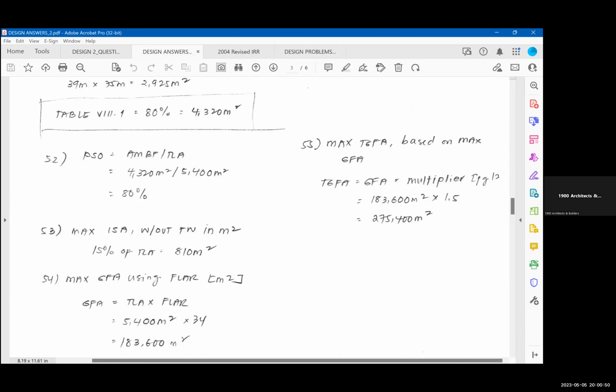And dito din yan sa book, yung multiplier ng maximum GFA. So, iba lang yung page number.